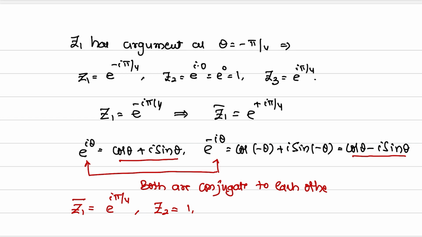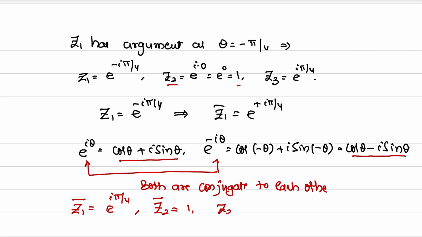Please remember this. For a real number there is no separate conjugate; the conjugate and the original number are the same. Z2 is equal to 1. It does not have any imaginary part. Hence, the conjugate and original numbers are the same. Z2 bar is the same as 1.